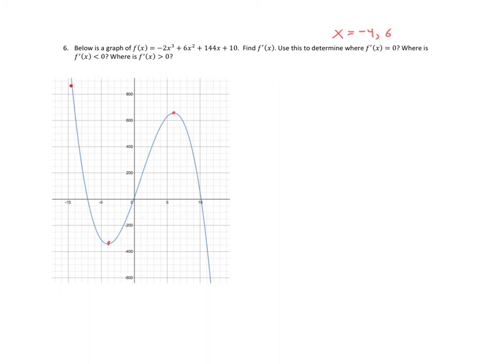That's going to be wherever the graph is decreasing. So it looks like if you're less than -4, your derivative is negative, but also if you're greater than +6 for x. So it's negative if we are less than -4 or if we're greater than 6. Where is it positive? That should be where your function is increasing. That looks like it's between -4 and +6.